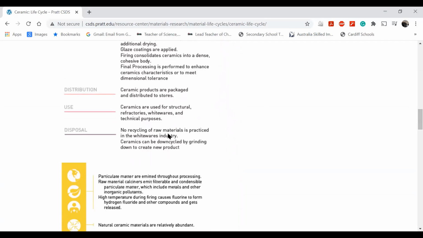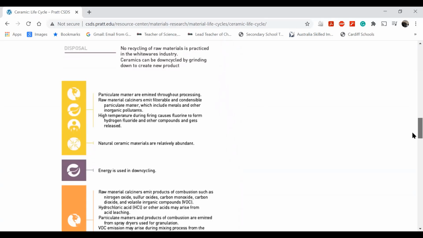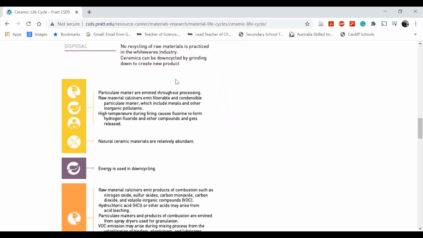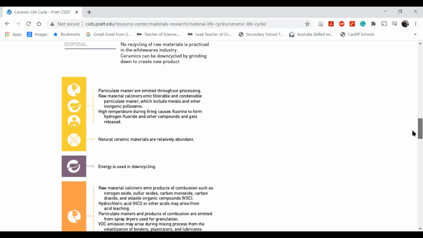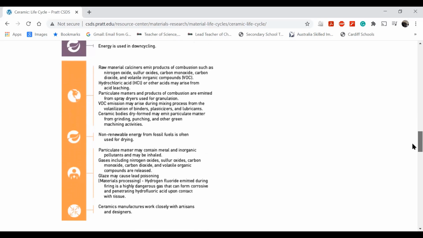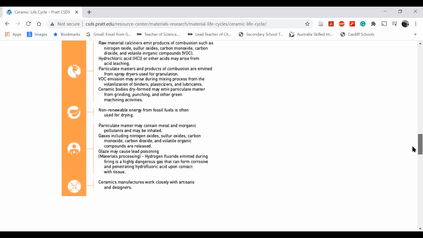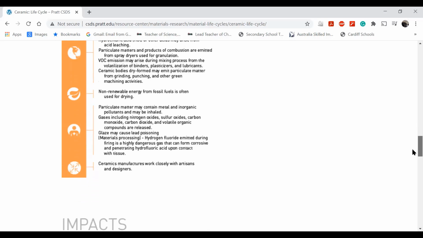There's no recycling of raw materials, but ceramics can be downcycled by grinding them to create a new product. Okay, that's good. All right, but therefore you have to find the person who needs to use this again, not just dump it. And so here you'll find the energy, the environmental, and the human piece, and the culture piece as well over here.